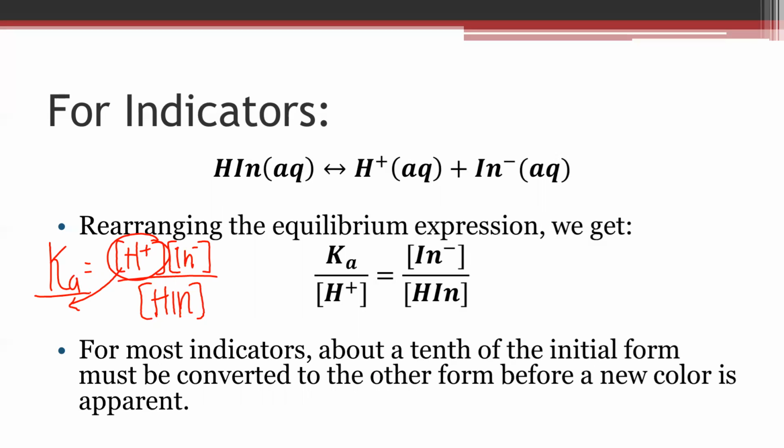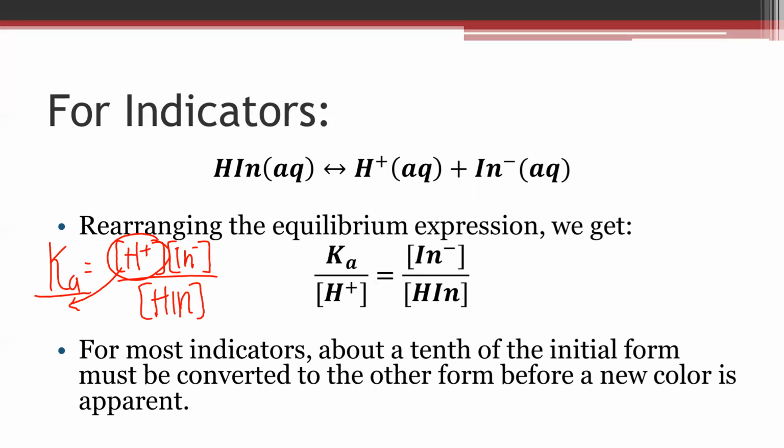Okay, and the reason why this relationship is nice is because for most indicators, about 1/10 of the initial form must be converted to the other form before you can see a color change. So what that means is, let's say it started out as an acid, you have to have at least 1/10 converted to the base form in order for you to see a color change.